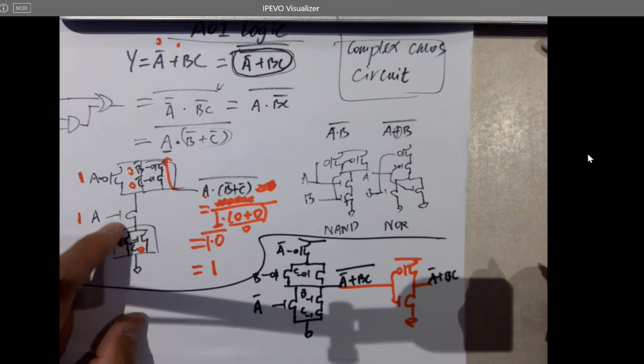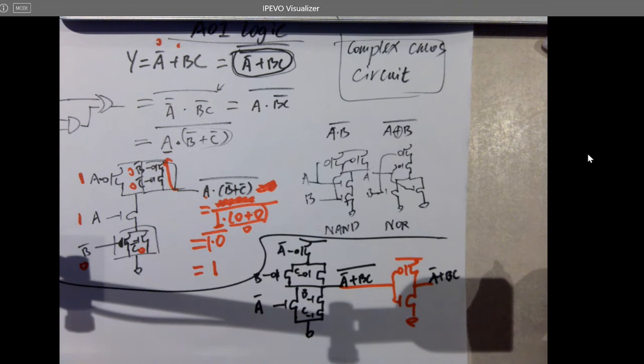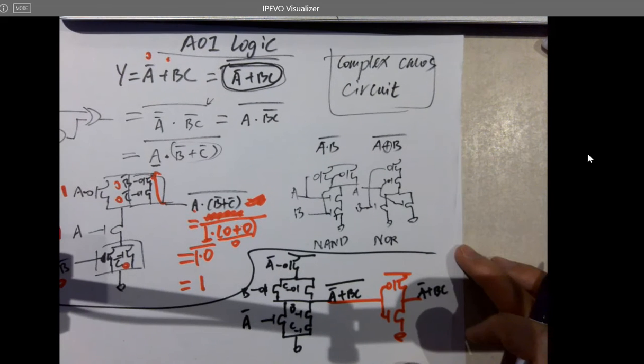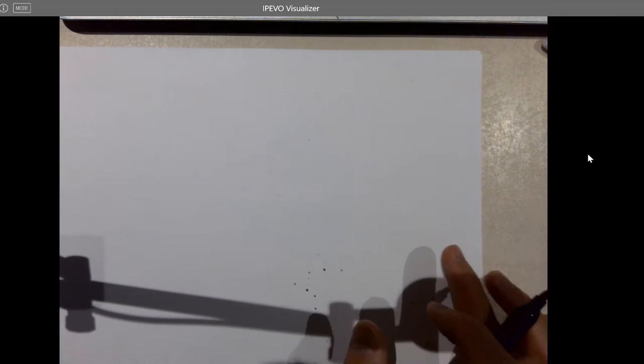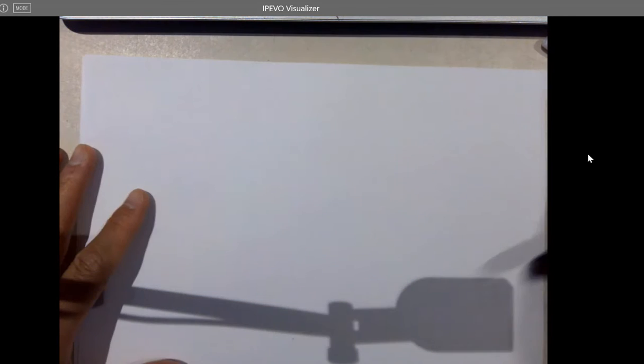So compared to this one, this has two more transistors. Okay. Another example.